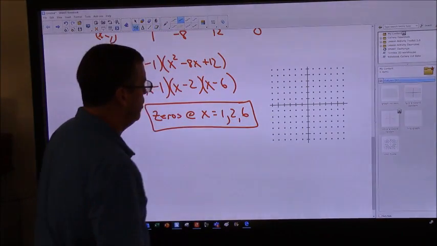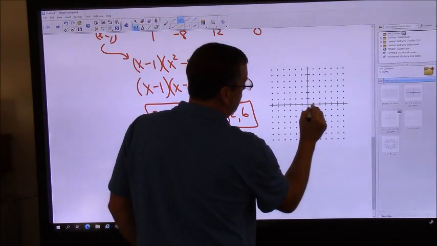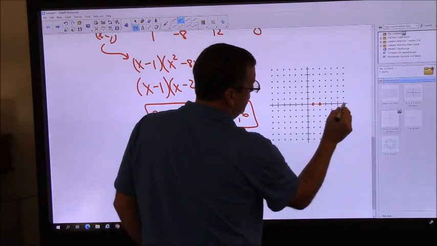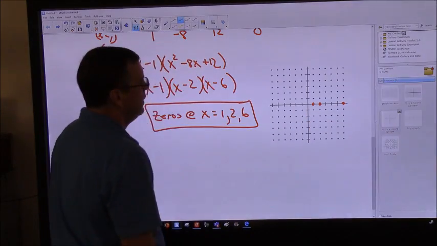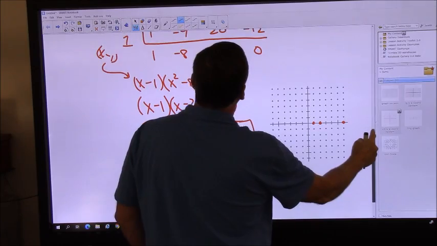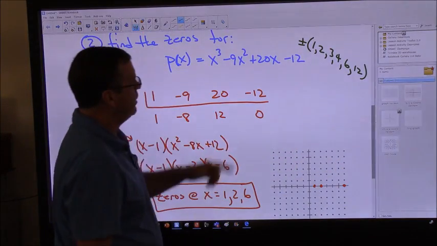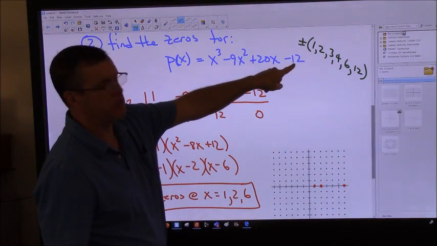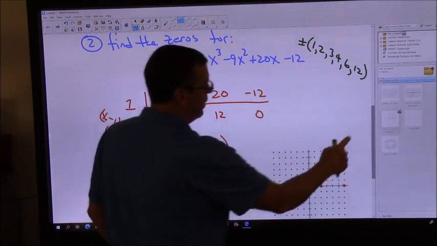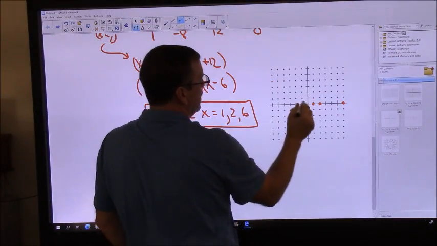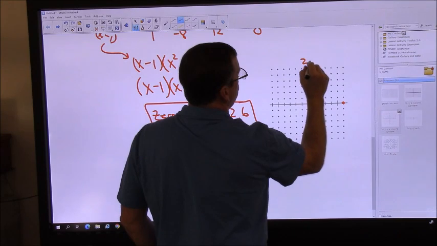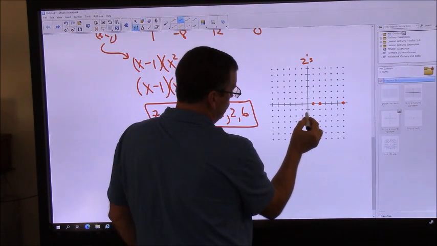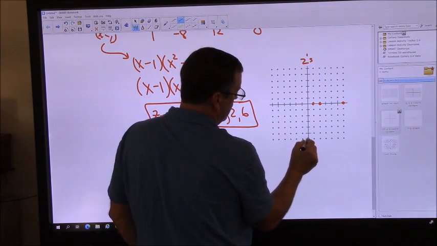And I also know that my y-intercept is always this number out here that's by itself, negative 12. So if I count on the y-axis by 2's, this would be 2, 4, 6, 8, 10, 12 right there.